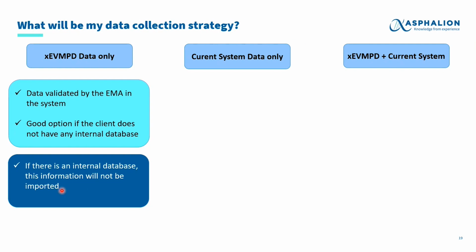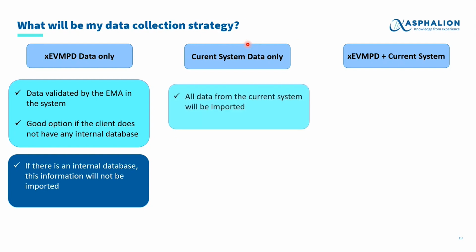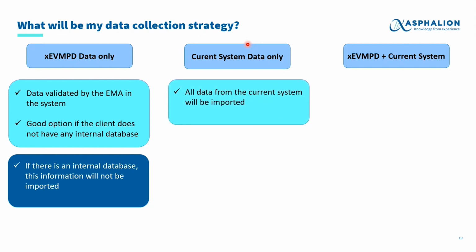Then there is the other option, which is importing data only from your current data system. This is a great solution because you will make sure that all the data that you have been gathering in your system will be imported into the new ISO IDMP compliance system. Great.